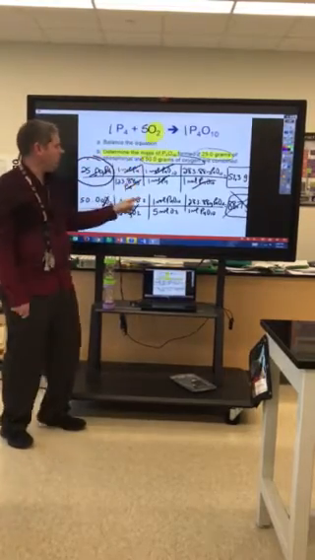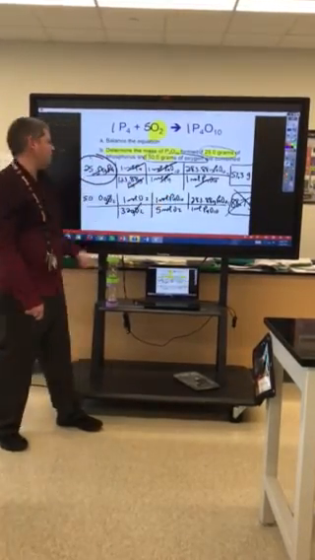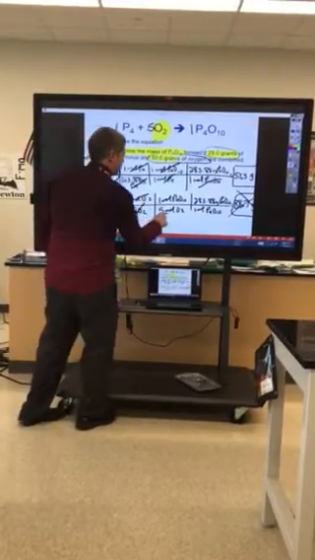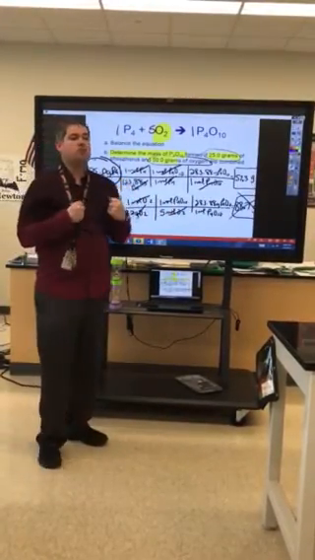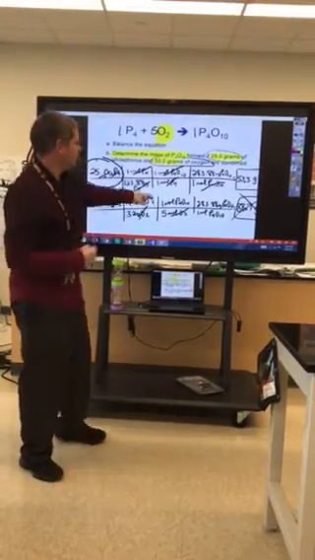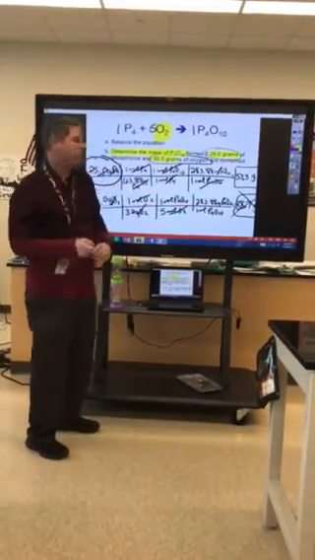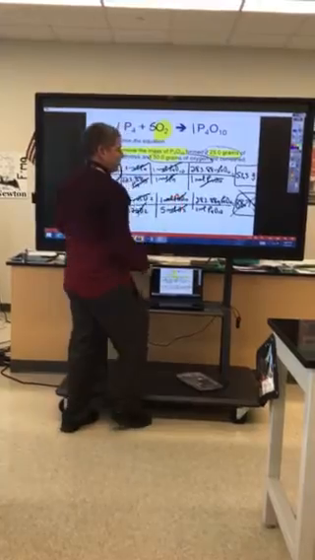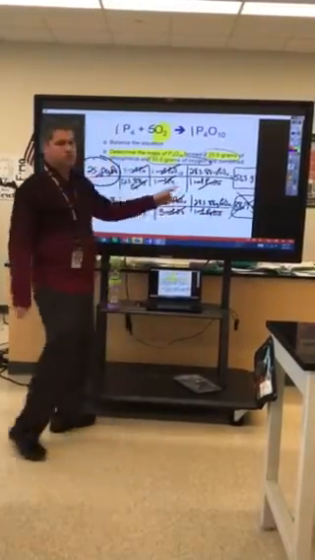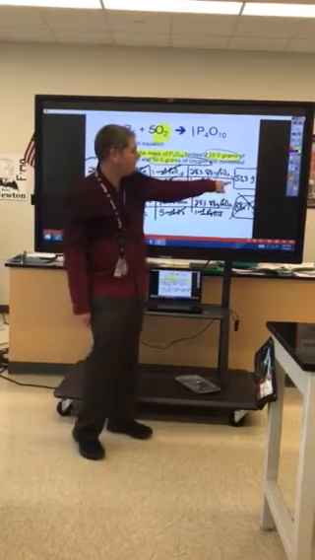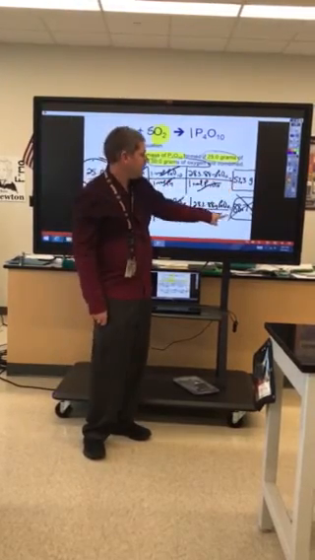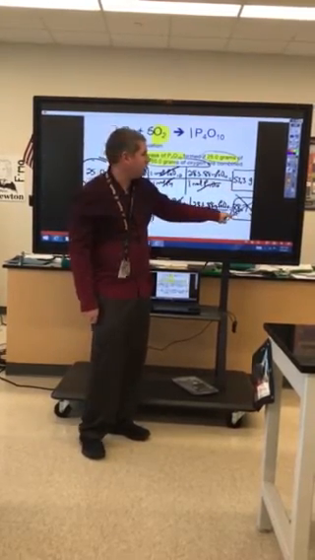We have 1 mole of P4O10 up there, so the units cancel, and we're left with moles of P4O10. We're almost done. Now what we do is convert it to grams like we've been doing. The moles cancel because it's over 1 mole, and you're left with grams. So we have 51.3 grams, we have 88.7 grams.